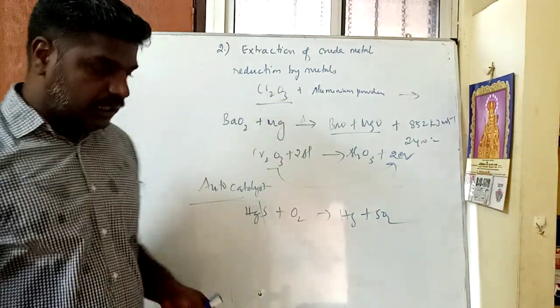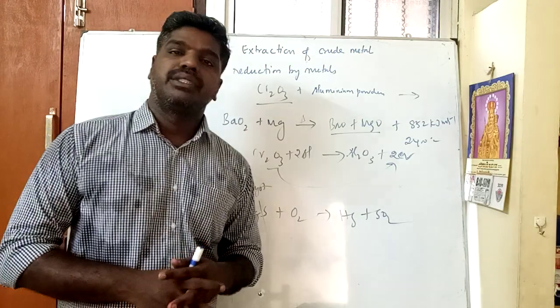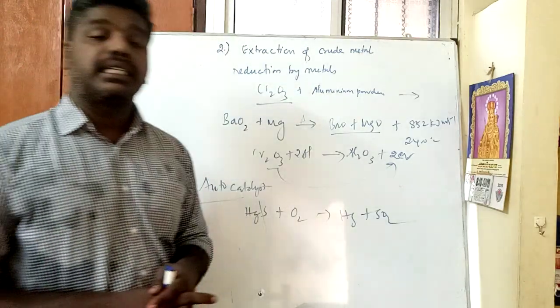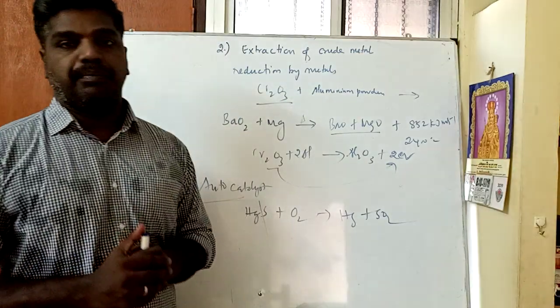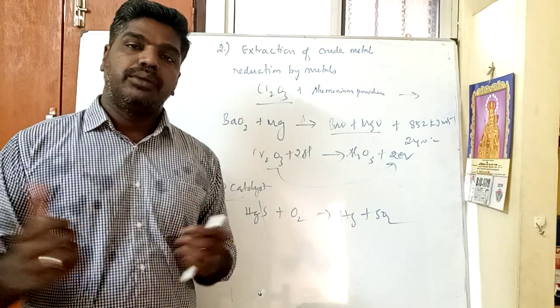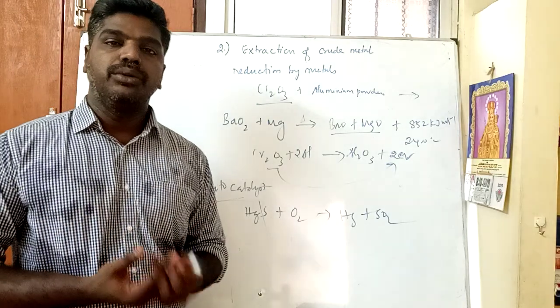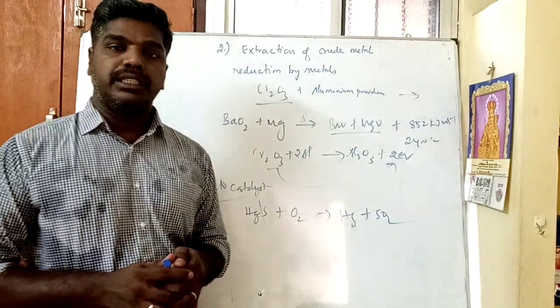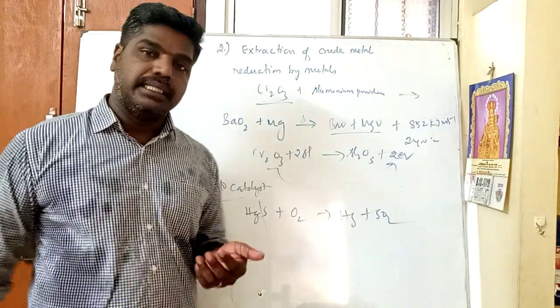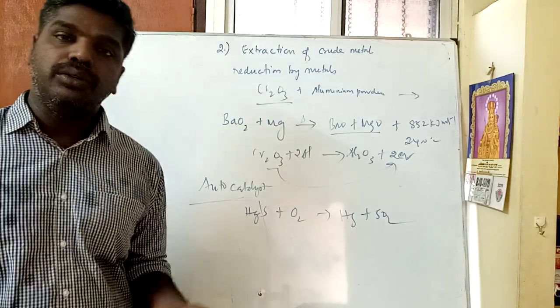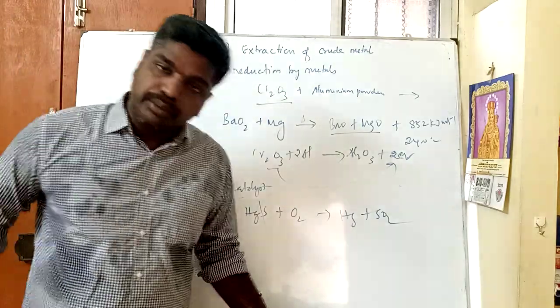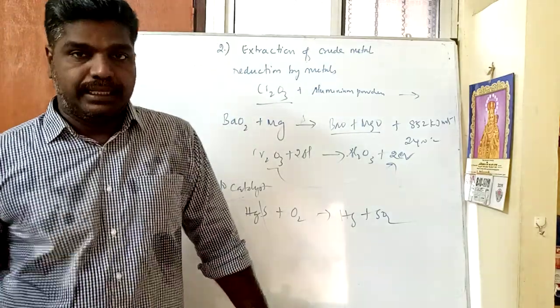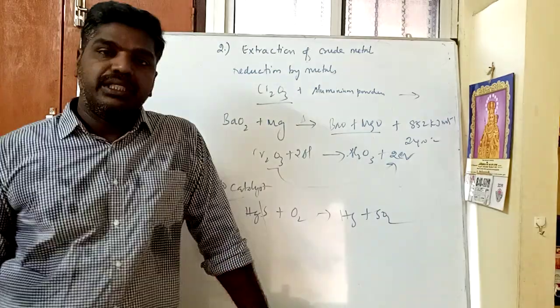Okay students, up to this topic we have seen the second stage, the extraction of crude metals. We follow two methods here. One is conversion of metal ore to metal oxide, for which we have done two methods: roasting and calcination. Then reduction of metal oxide to metal, which uses a reducing agent.